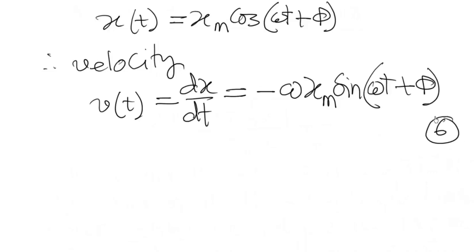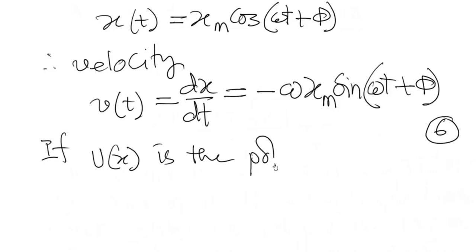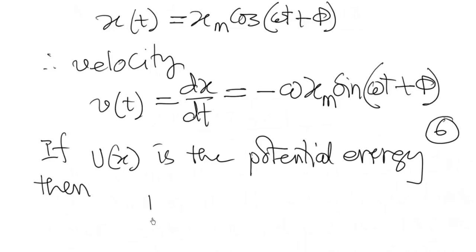Now the force field acting on the simple harmonic oscillator is the conservative force field. Thus the force can be written as the negative gradient of the potential energy of the spring. If U of x is the potential energy, then the force acting on the block spring system is negative of the gradient of the potential energy.